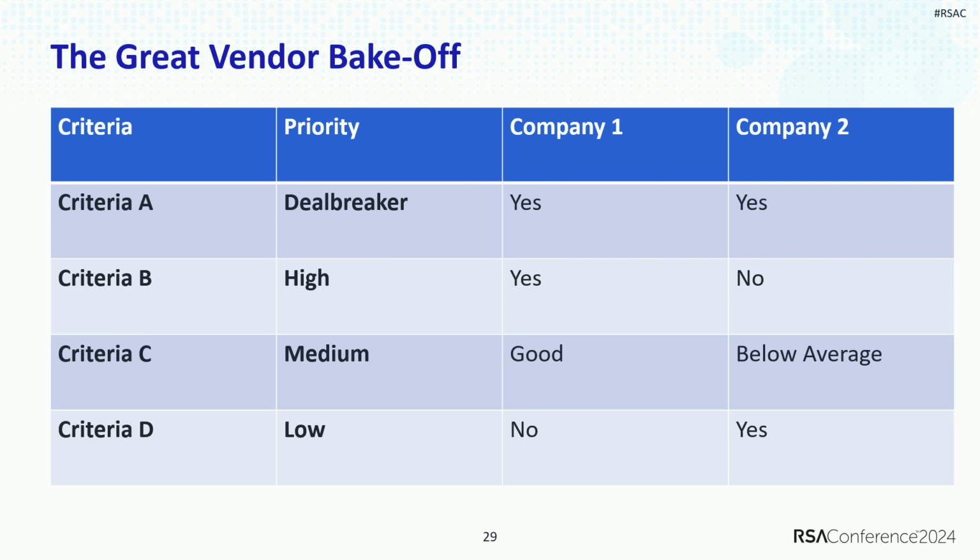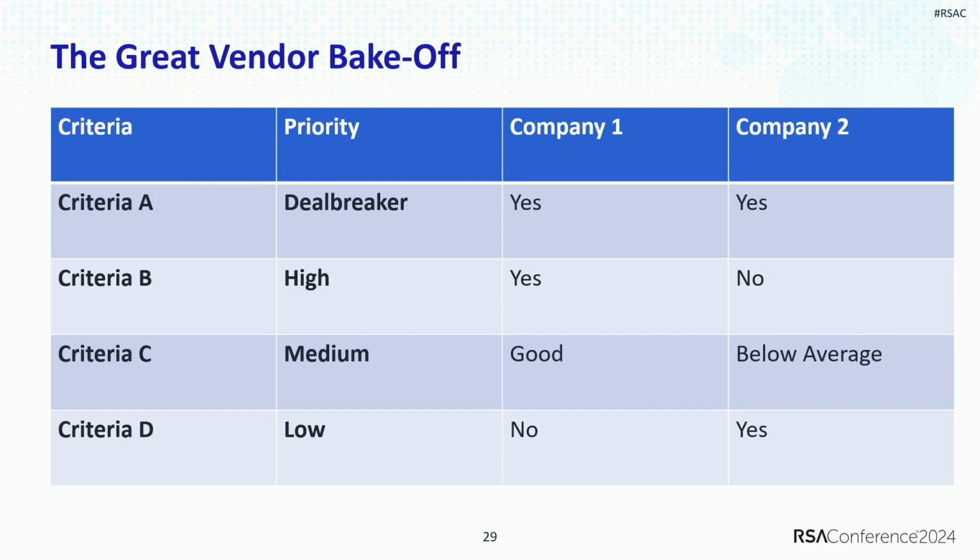For criteria B, it's high, but it's still negotiable as compared to a deal breaker. But if some other solution has a better list of these criteria that they fulfill, then they're probably going to get ahead.